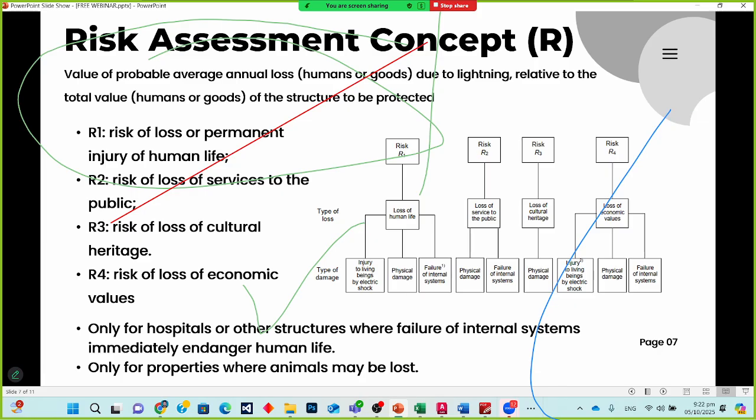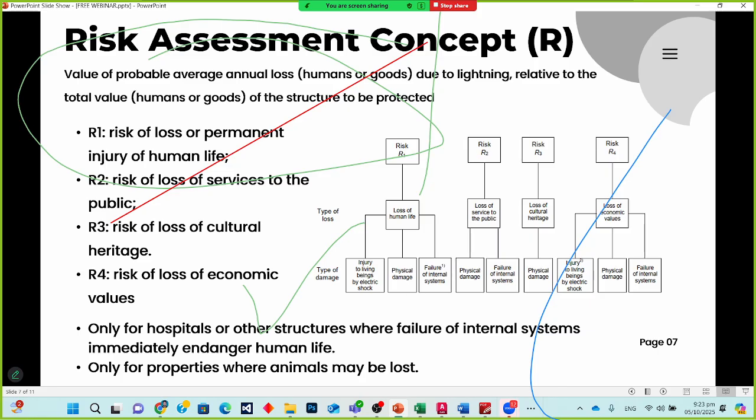So these types of risk are available, and we have to analyze these four types of risk, but their calculation is totally dependent on their risk components. So we have to give the risk formula, in which there are three things.